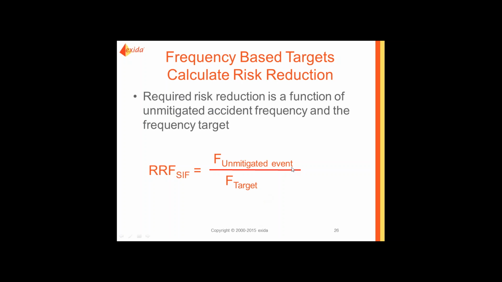Then you divide that by your target. So what's the frequency that's left over your target frequency, and that would then define the risk reduction factor for the SIF. Another way of looking at it is, when you've taken into consideration your layers of protection, what is currently left over versus what is desired.